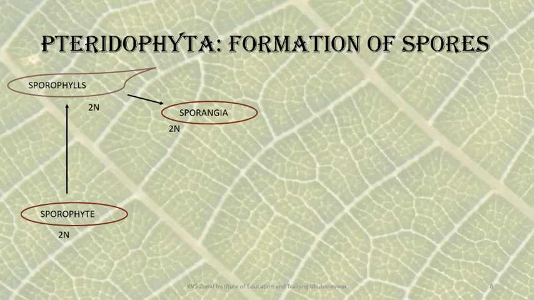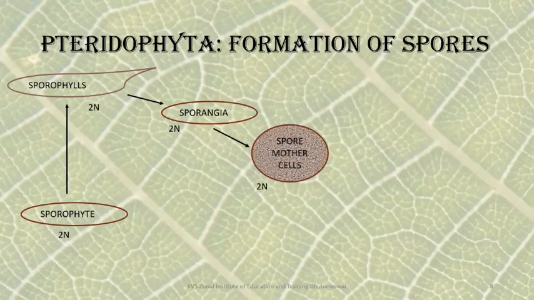Now inside the sporangia, when it is immature, there are special cells known as spore mother cells. These spore mother cells will form the spores. So up till here you can see that these stages are all diploid, that is 2n stages.